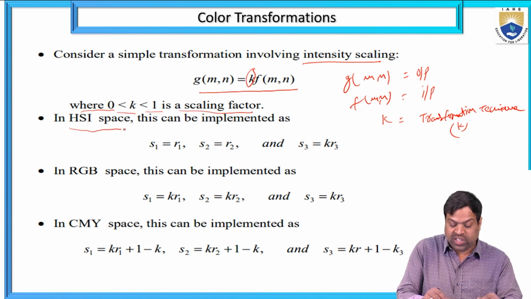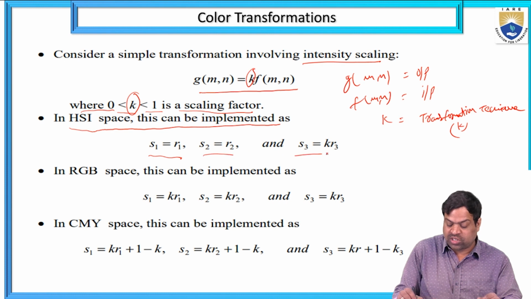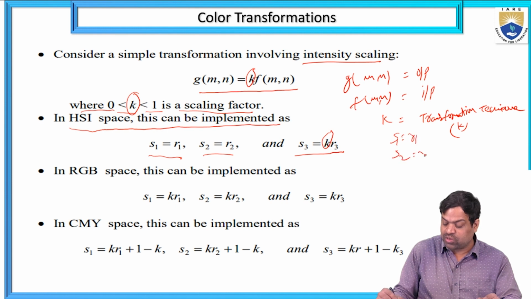When I go for HSI, the values are s1 = r1, s2 = r2, s3 = k × r3. So s1 = r1 and s2 = r2.